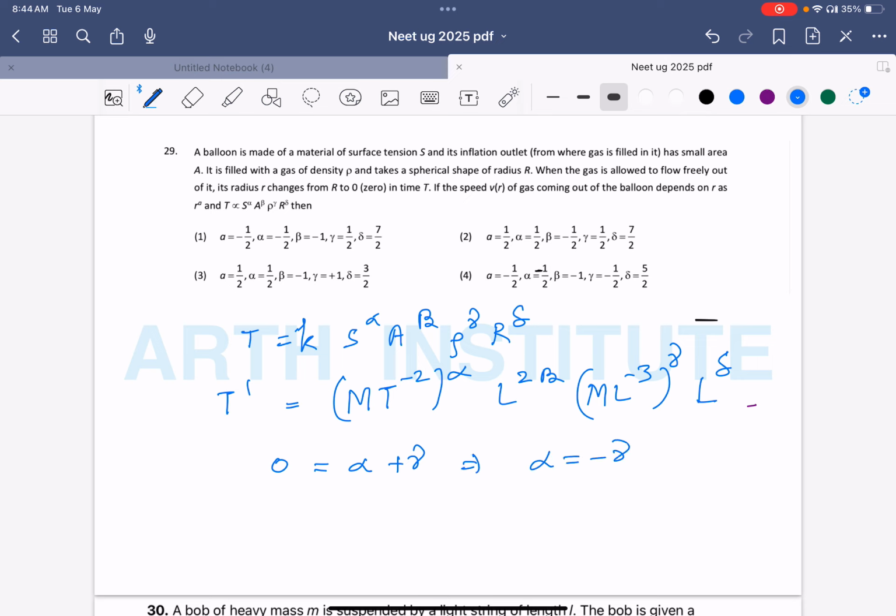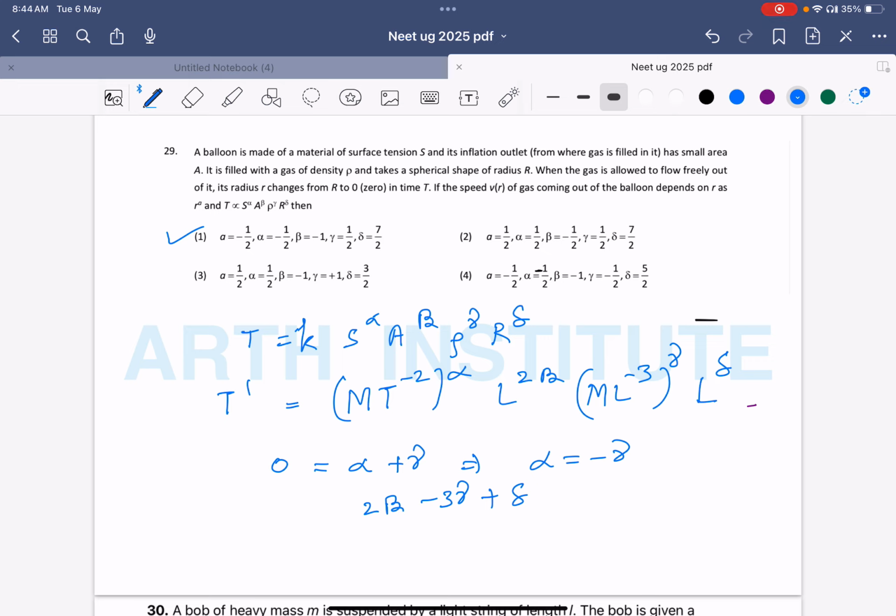And if you just see, it is only the first choice where alpha plus gamma is 0, and in all other cases alpha plus gamma is not equal to 0. So I can straightforward mark 1 as the answer. Although you can look at the dimension of L also. The dimension of L on the right hand side is 2 beta minus 3 gamma plus delta.